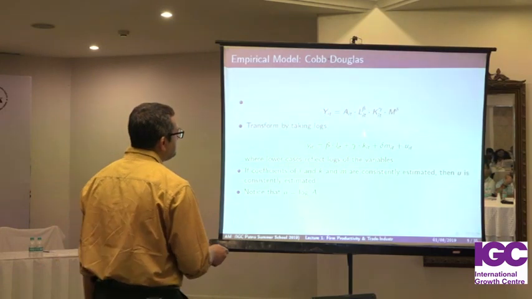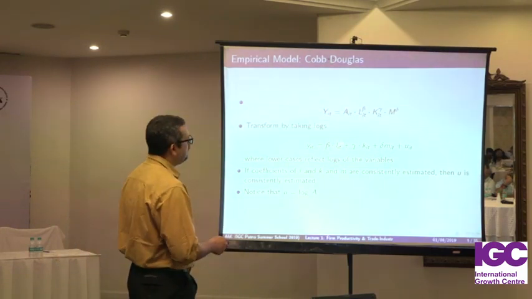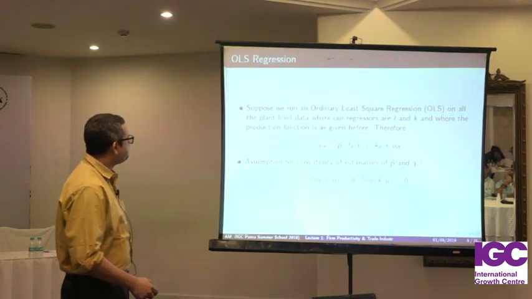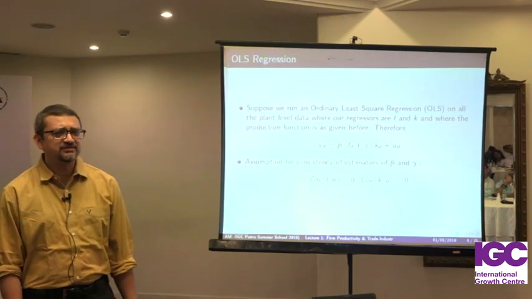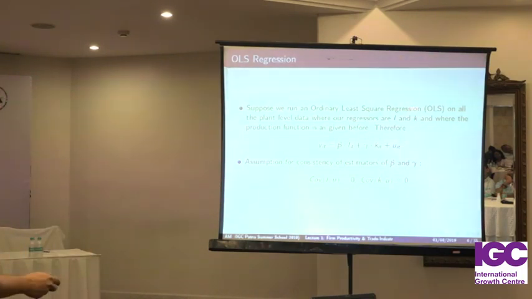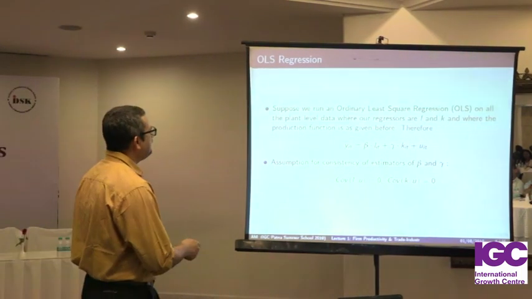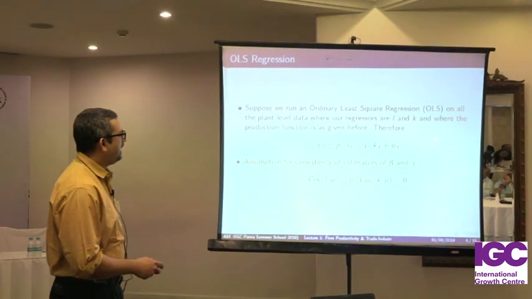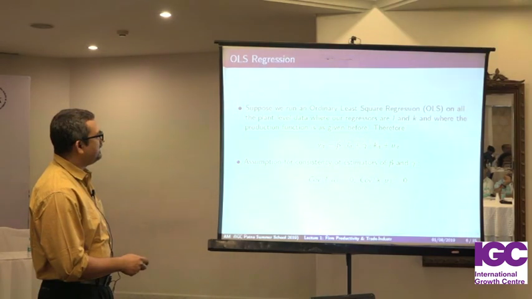So structural estimation has this advantage that once you get parameters, they have deeper interpretations. Now, how do I estimate this? Suppose I run an ordinary least squares regression, and I have all the plant level or firm level data, and my regressors are L and K.